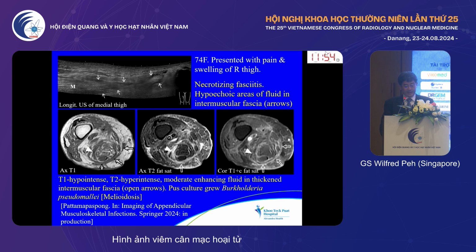The series of axial images at the bottom are MR images: T1, T2 with fat set in the middle, and on the right, post-contrast fat set T1 image. The open arrows point to fluid in the intermuscular fascia, so you can see it's between the muscle groups. And there is some enhancement on the right image, which is the post-contrast image.